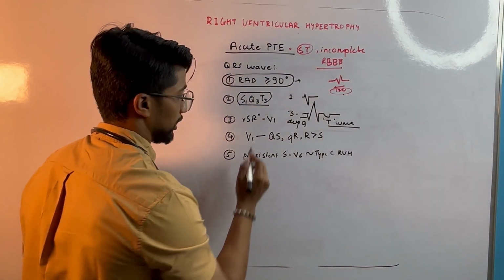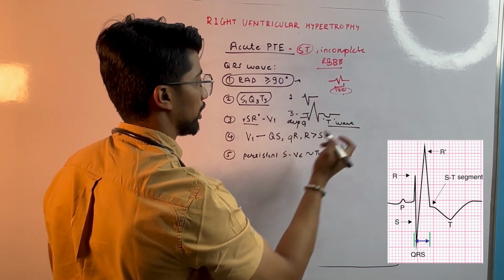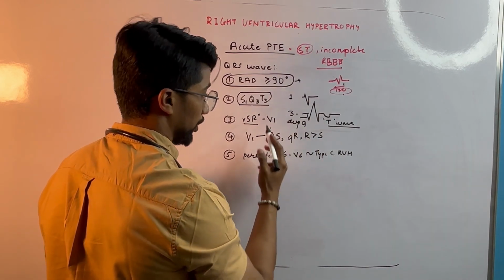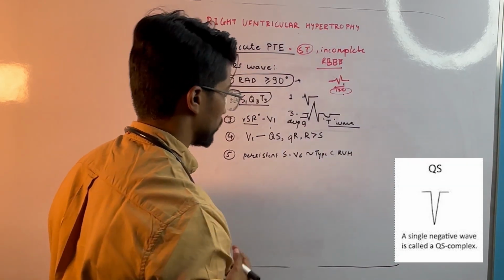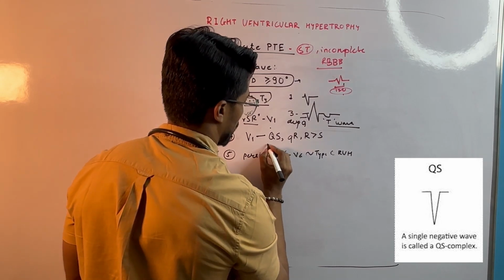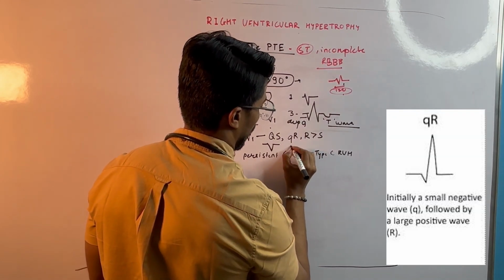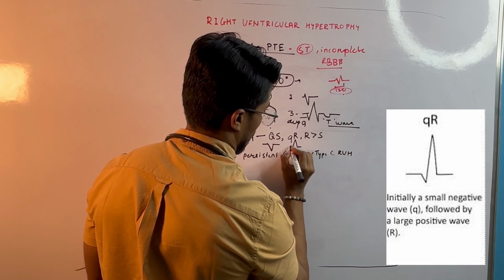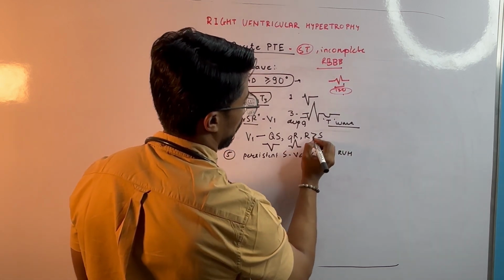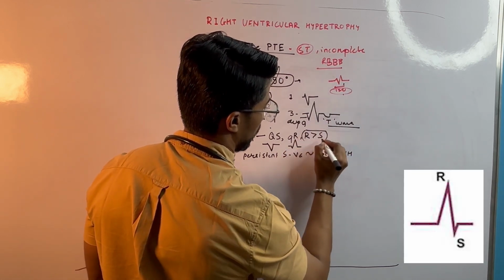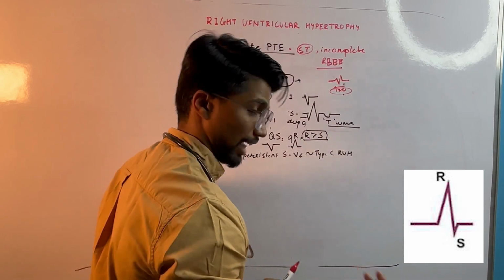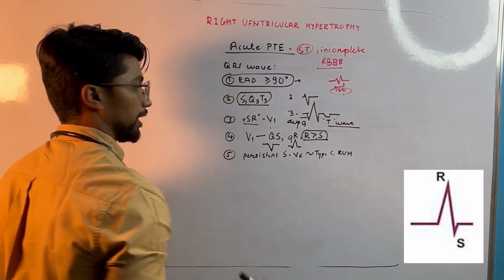Like I said, the RSR' pattern, which is your RBBB pattern, is going to be seen in V1. We're going to have different sorts of morphologies. There might be just QS, which will look like this. There might be QR, which will look like this, no S wave, or R more than S, as we mentioned, which is classic for type A and B RVH.